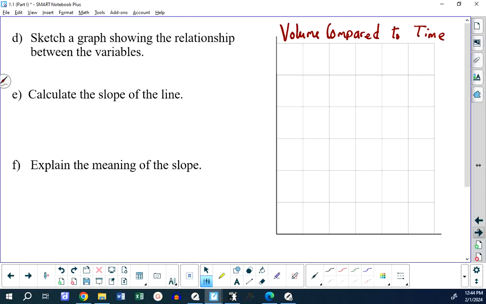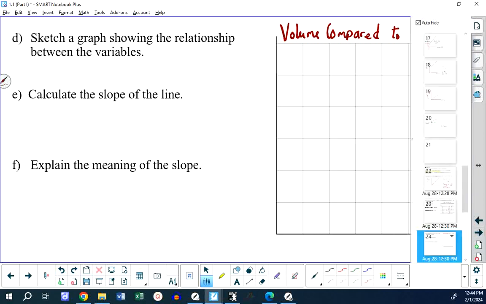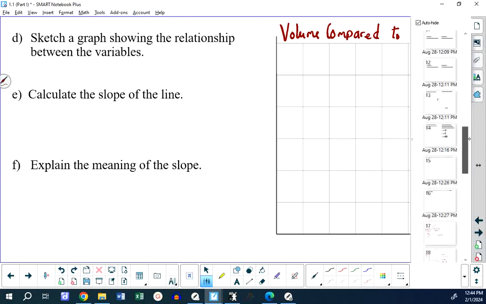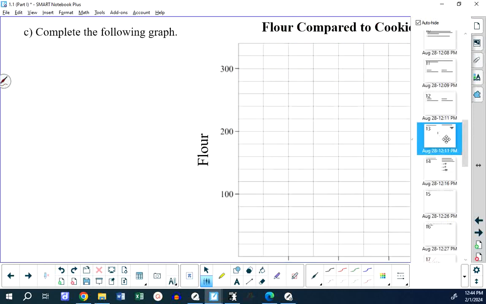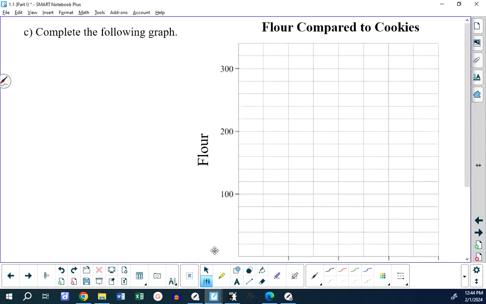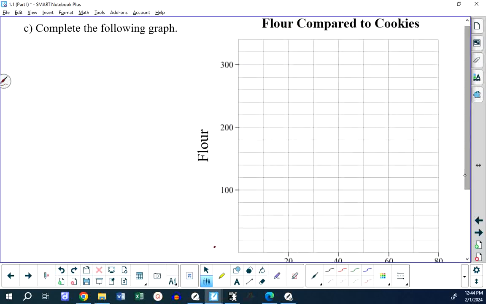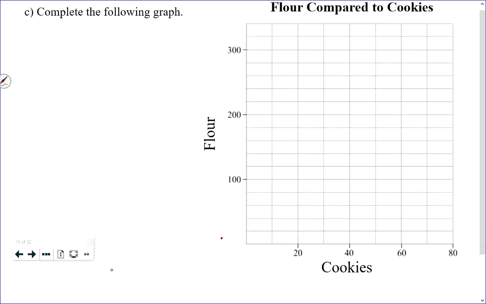So I'm going to go back and show something to you here. Look at the title of this graph that we did yesterday with example 1. Flour compared to cookies. It's always dependent compared to independent.